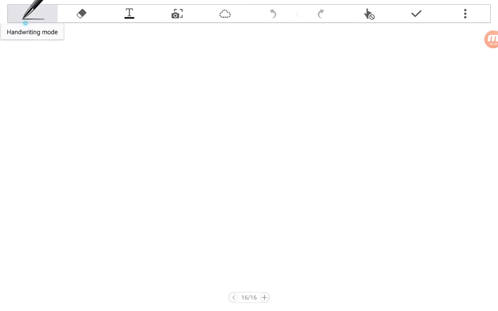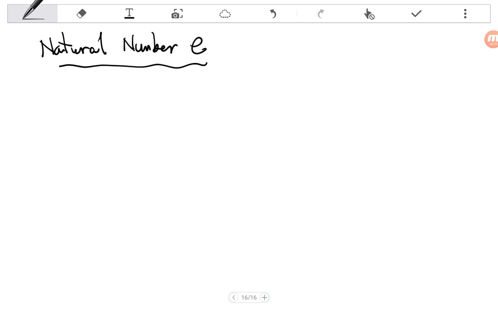Okay, we will consider our study for a case. There is a number called the natural number e, or sometimes the Napier number.